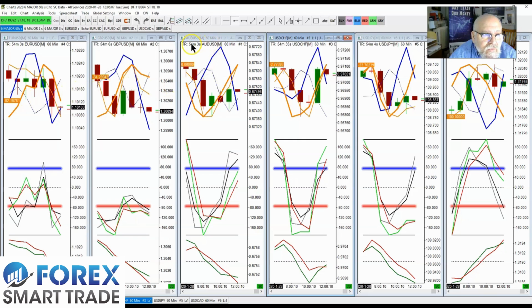But right now there's 54 minutes in the hour, so it's going to be another 50 minutes before I want to take this trade. The reason being is because on the current candle, we only have 7 minutes worth of information to calculate this. I want it to have over 55 minutes.